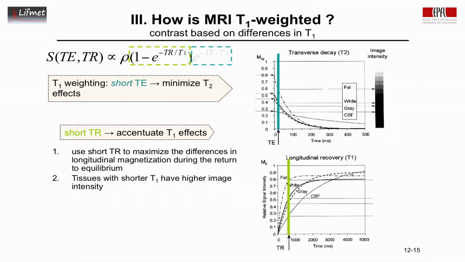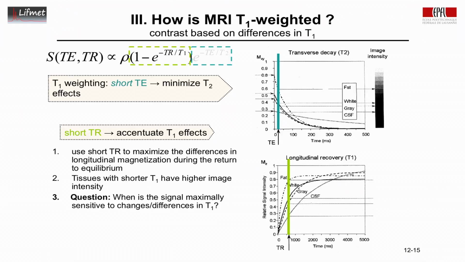As a consequence, tissues with short T1 have a higher image intensity because they are much further along in their return to thermodynamic equilibrium than tissues with long T1, such as CSF. So CSF appears dark.